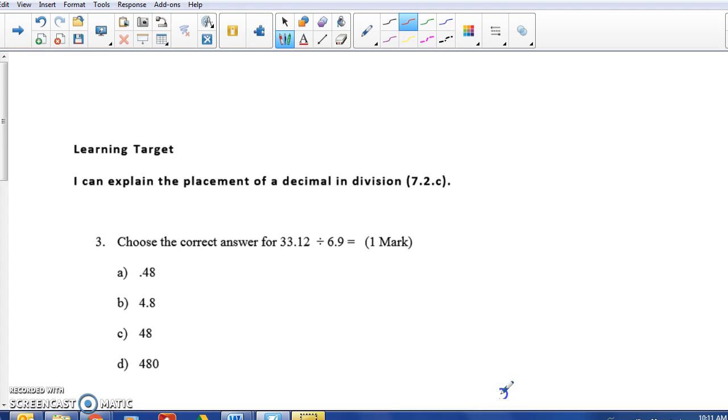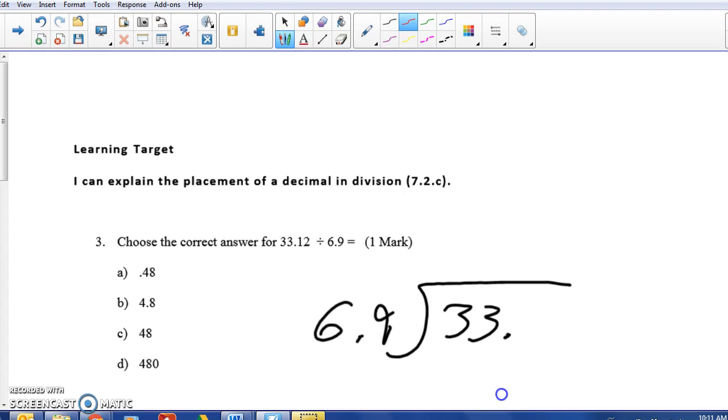For question number 3, choose the correct answer for 33.12 divided by 6.9. Now for this, when I do my division, I always need to divide by a whole number. So if I multiply this by 10, I get 69, but because I did that to one number, I need to do it to the other number.